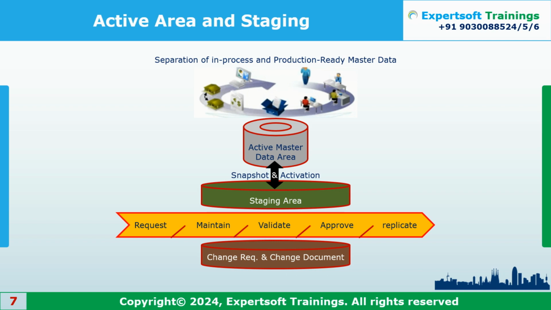But if it is a temporary table, you are good to delete the data without affecting your database table. That's why they have given the concept of the staging area. It is a temporary place where you store the data until your process gets completed. Once the process is completed, it moves from the temporary table to the main table. That's why this concept has been introduced in SAP MDG.